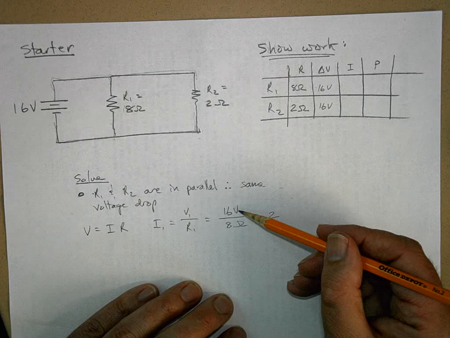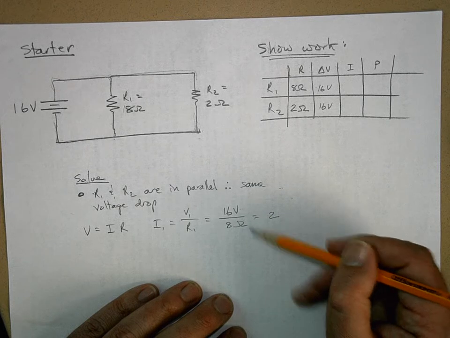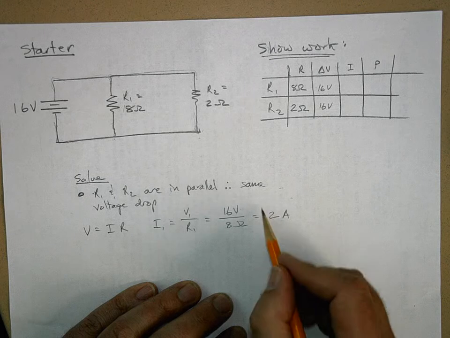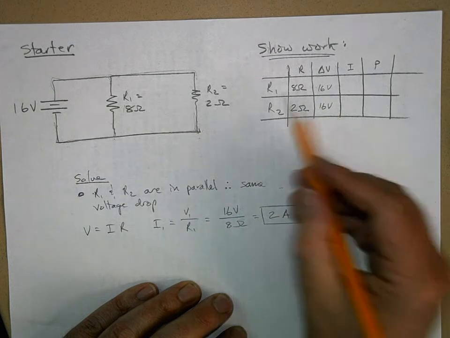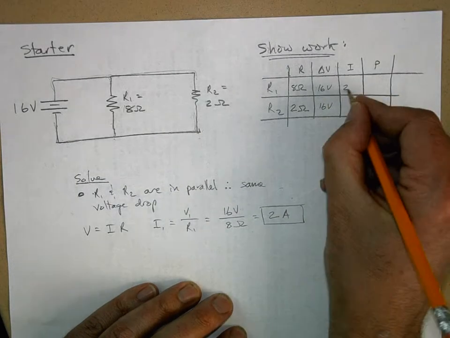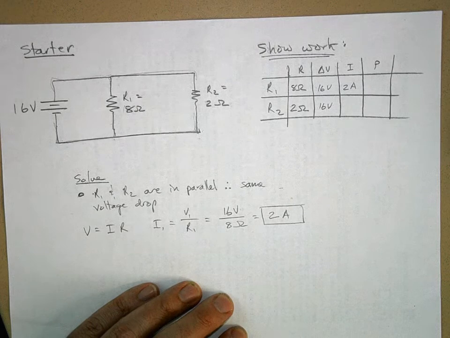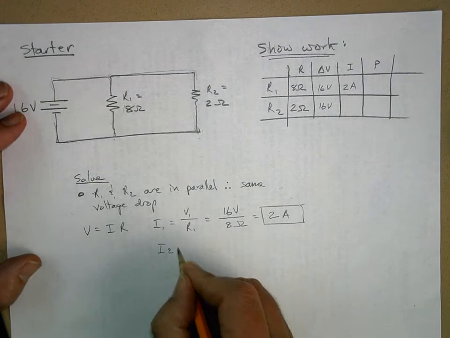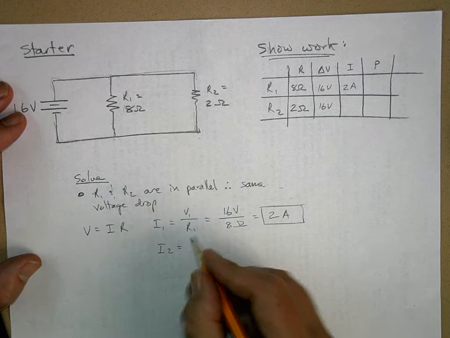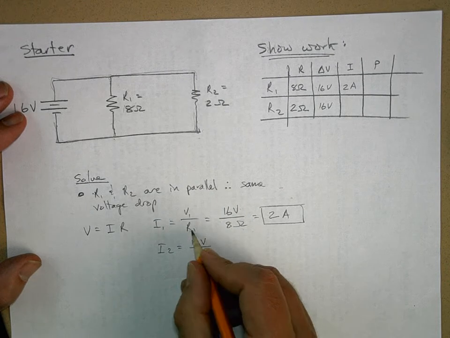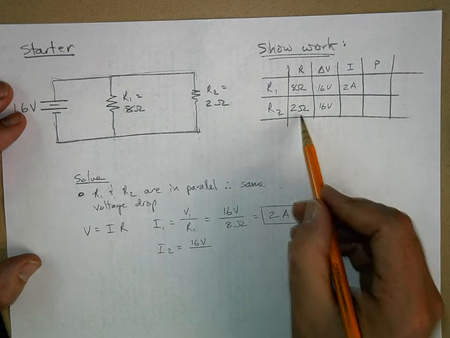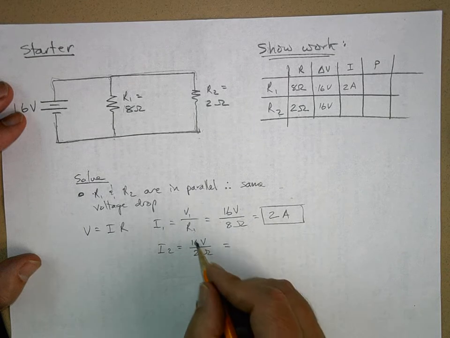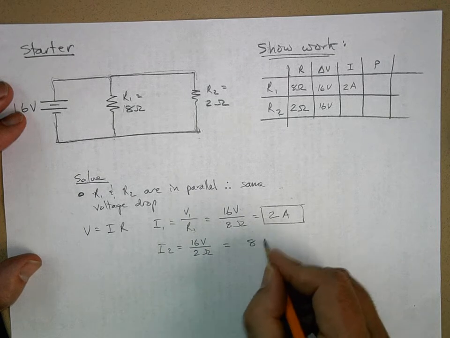And an ohm is a volt per amp, so the volts will cancel, leaving amps as your answer. So I1 is equal to 2 amps. And then R2 will do the same thing. I2 equals V2, which is 16 volts, over R2, 2 ohms. And 16 divided by 2 is 8. So it's going to be 8 amps.